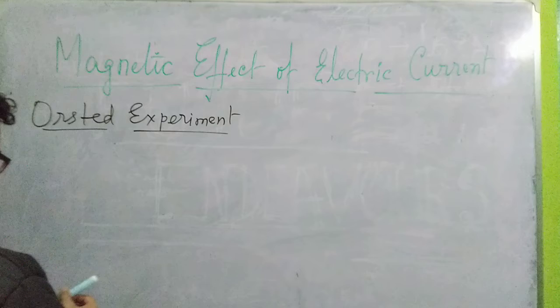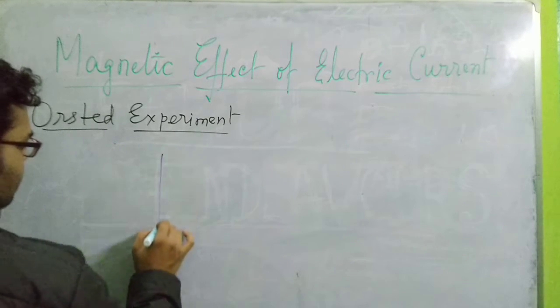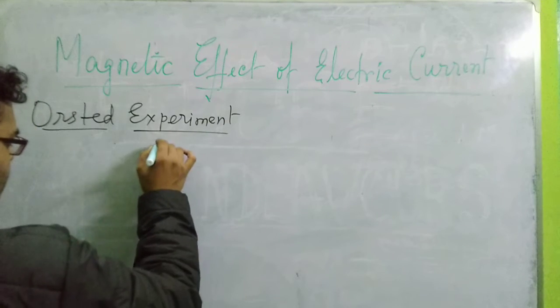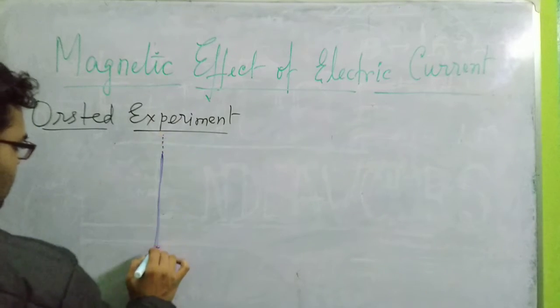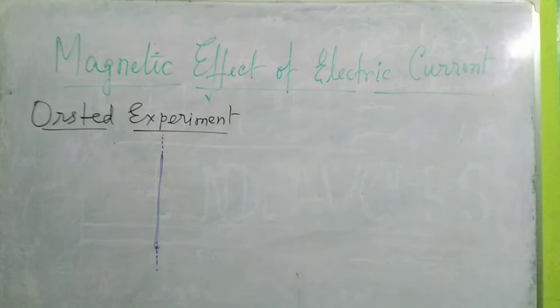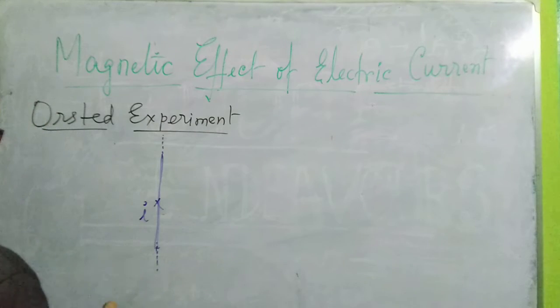He took a wire of a certain length. We are not plotting the entire length, we are just looking at a part of the wire. He made a current I flow through this wire.